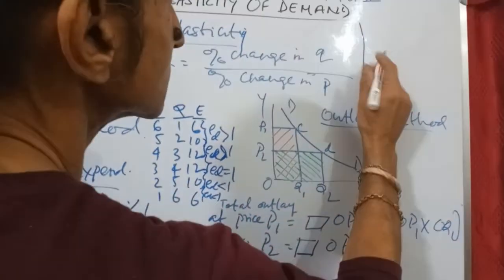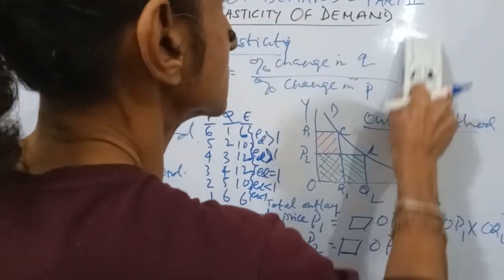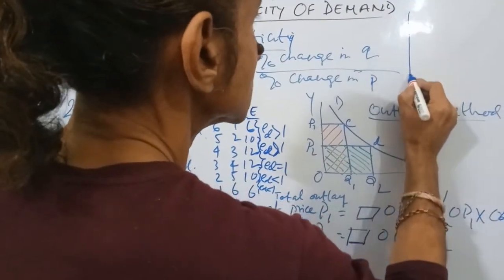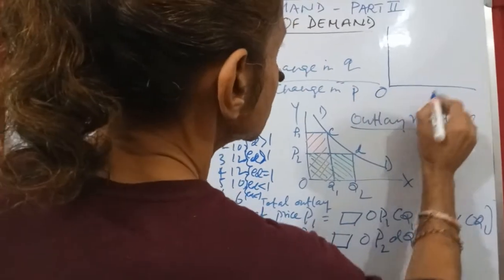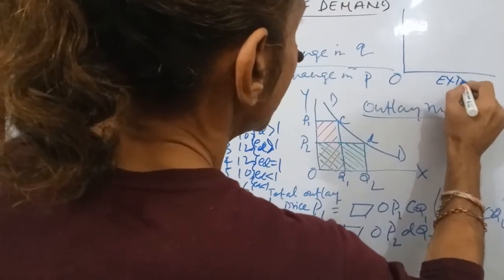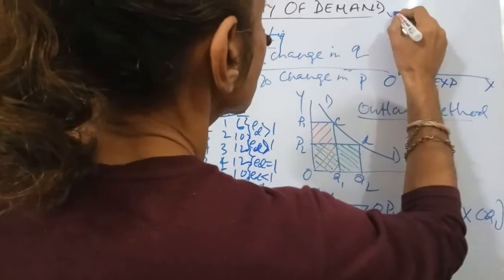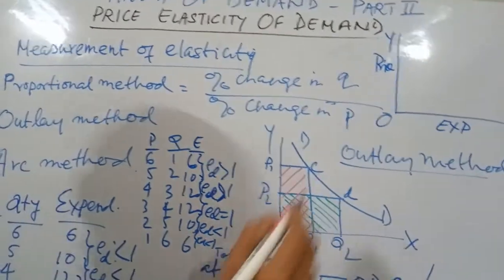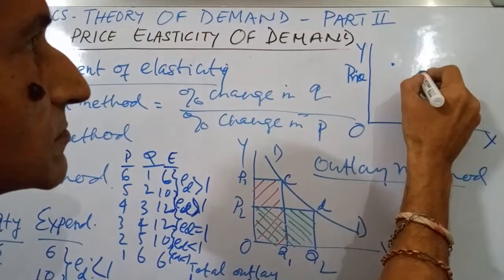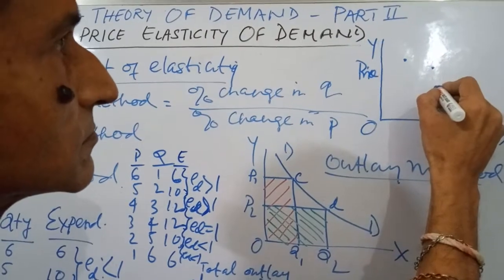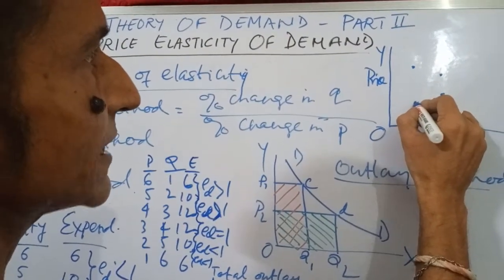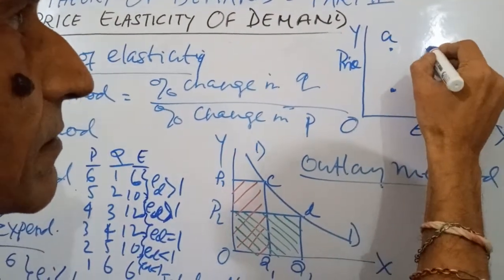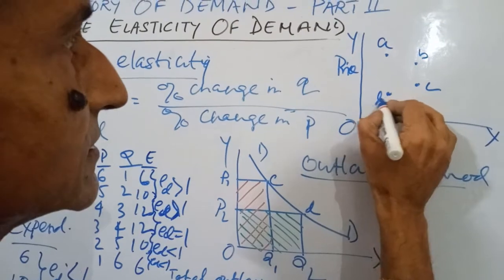Suppose we measure expenditure on x-axis and price on y-axis, then we will get such points. Say A, B, C, and this is D.